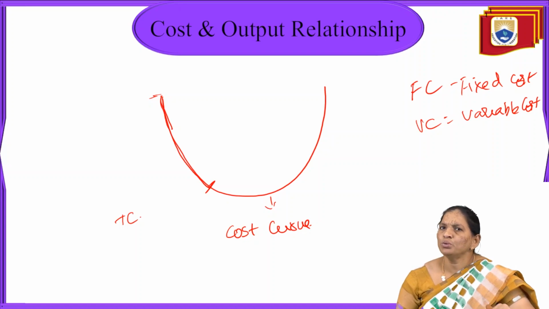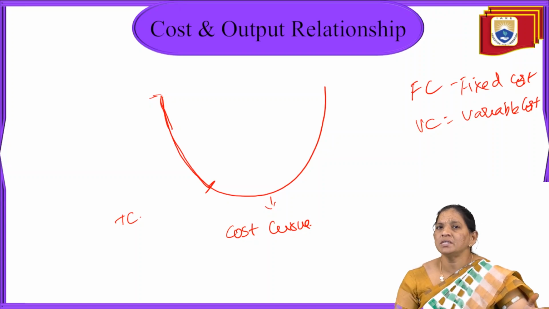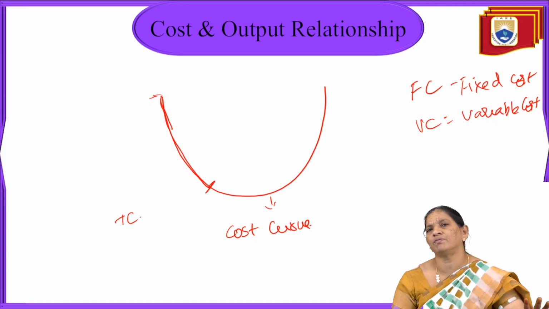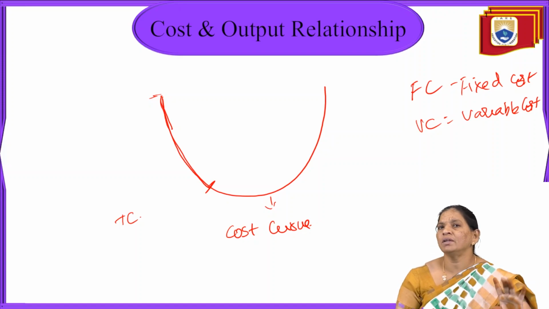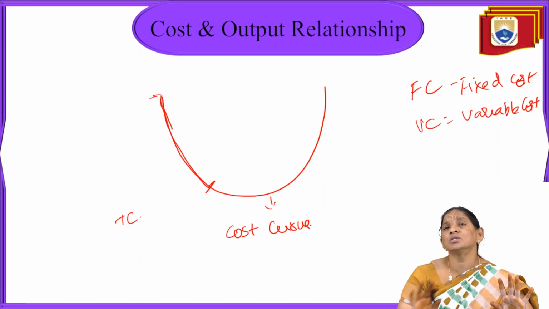Whether I use it 2 or 3 times a month, or for 30 days, I should pay 5,000 rupees. Means the fixed cost is constant.